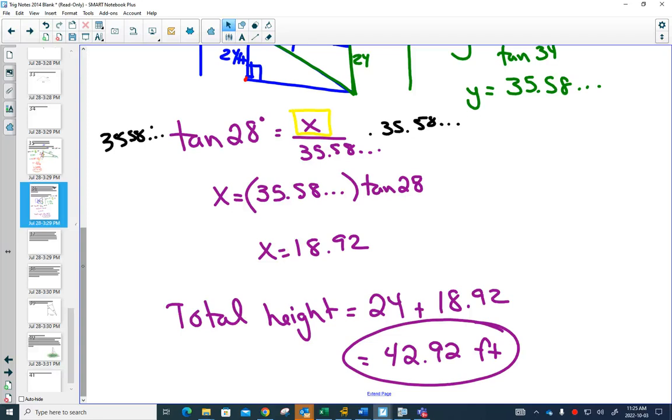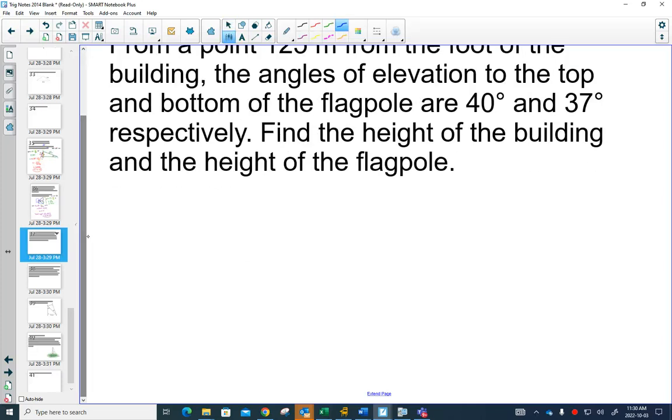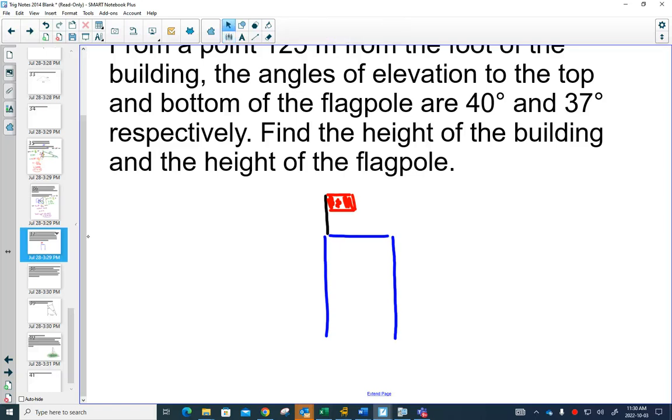Okay, next one. Again, you have to draw it. You have a building. And then on the roof of the building, there's a flagpole, perfect, with a flag on it.